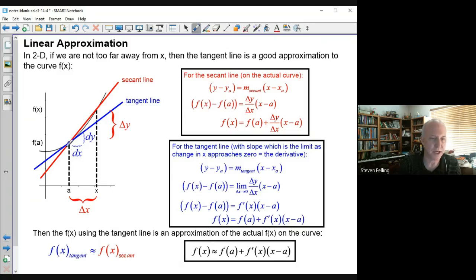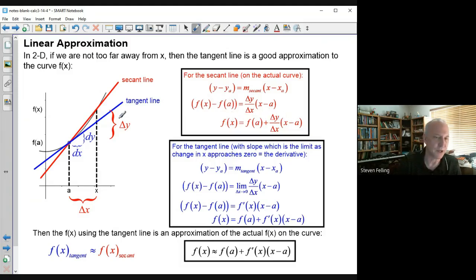So you plug this point a in, you get f of a, plug this x value in, get f of x. F of x minus f of a, the change in y, is going to be equal to the slope of this line, which is delta y over delta x, times the change in x, which is x minus a. And that means that if you wanted to find an f of x point, you could start at some other point that might be easier to evaluate, and then add a little adjustment to perturb that slightly to get the value, right?